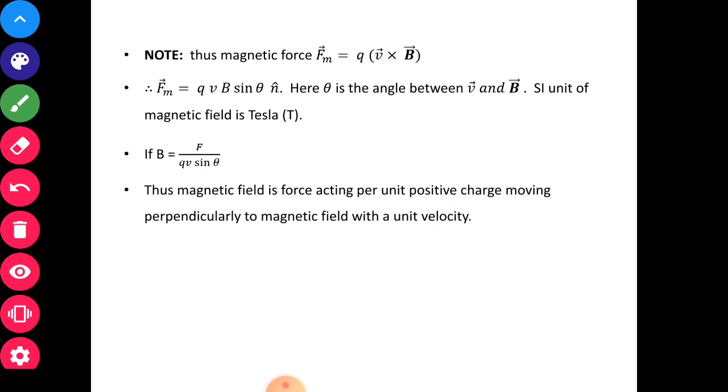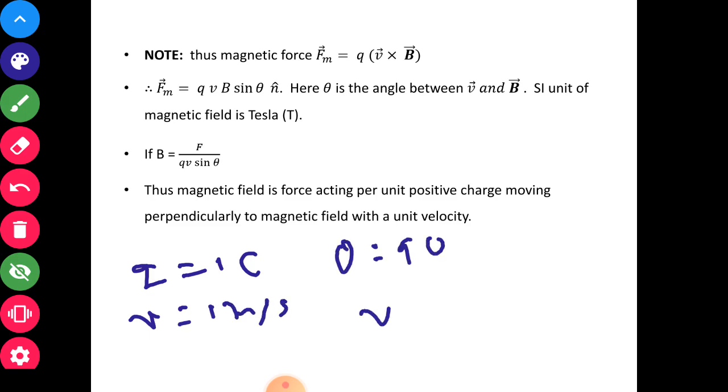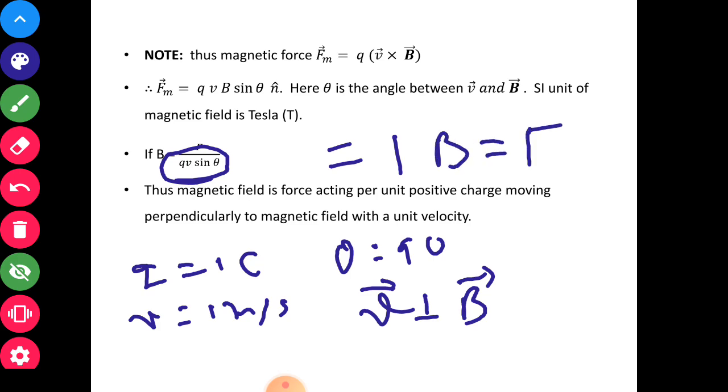If Q is taken as 1 coulomb, V as 1 meter per second, and theta is 90, that is V perpendicular to B, then the denominator QV sin theta will become 1. So B is equal to F.